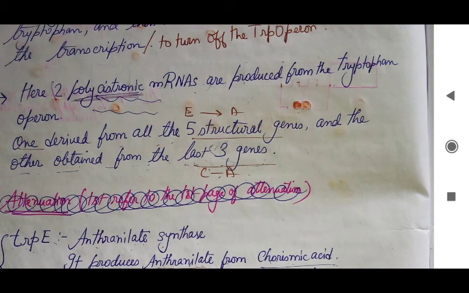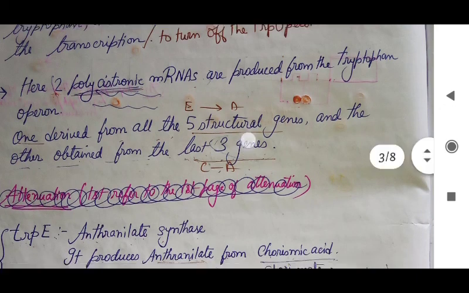So two polycistronic mRNAs will be produced from this tryptophan operon.